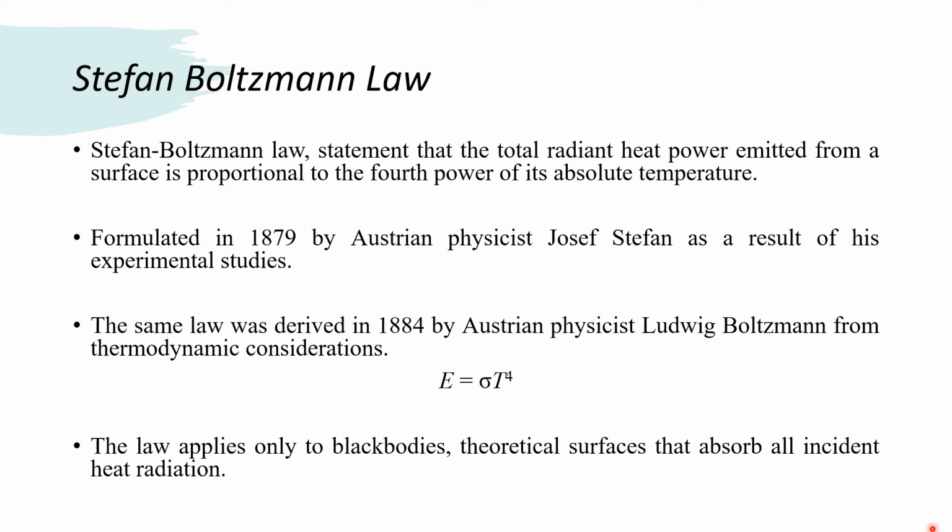This same law was derived in the year 1884, after 5 years, by the Austrian physicist Ludwig Boltzmann from thermodynamic considerations, and the equation looks like this: E equals sigma T to the power 4, where sigma is the Stefan-Boltzmann constant, T is the absolute temperature, and E is the total radiant heat power.